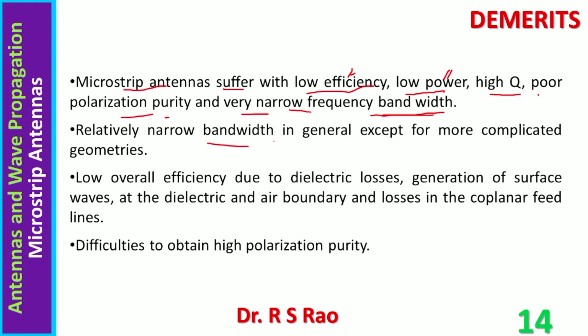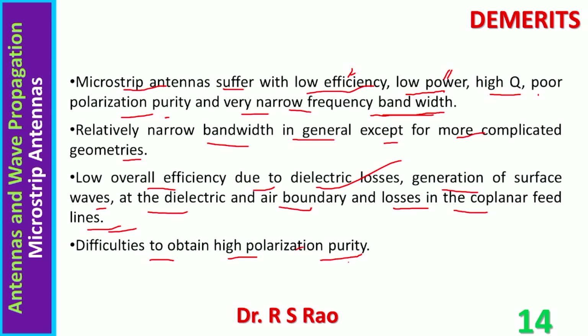Relatively narrow bandwidth in general, except for more complicated geometries, low overall efficiency due to dielectric losses, generation of surface waves at the dielectric and air boundary, and losses in the coplanar feed lines. As already mentioned, it is difficult to obtain high polarization purity.